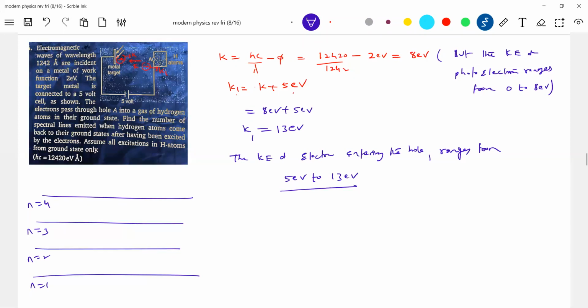Next the difference will be 12.09. One more will come, 12.74.